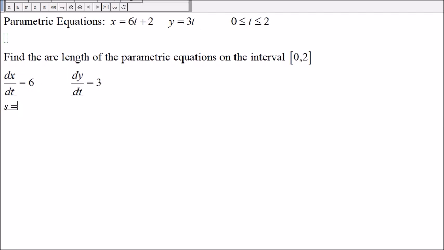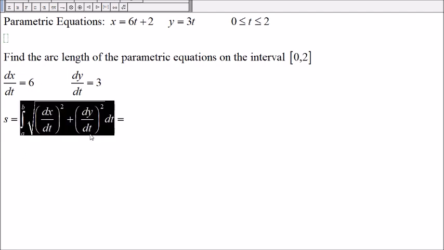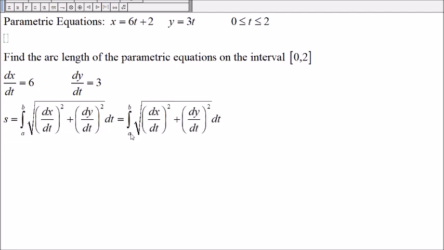And the arc length will be the integral from a to b of the square root of (dx/dt) squared plus (dy/dt) squared dt. So t runs from 0 to 2, and this is 6, and this is 3.